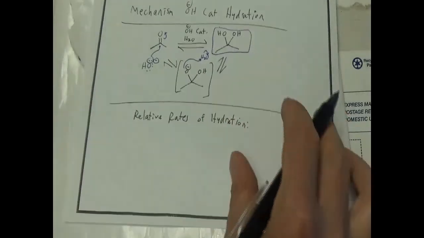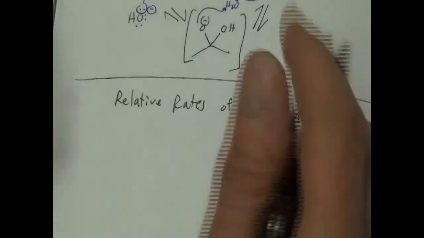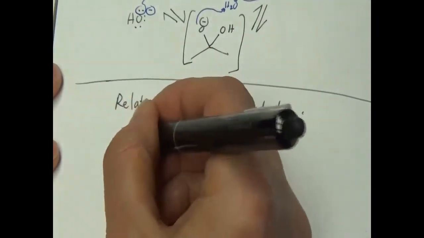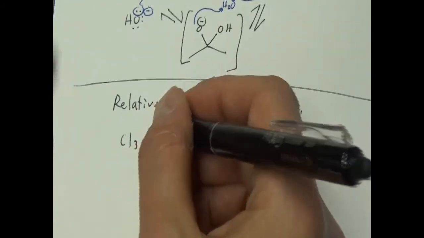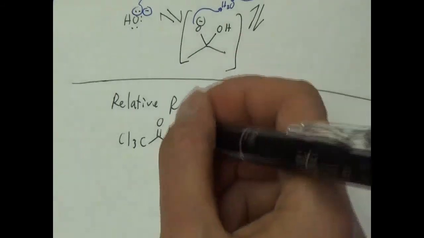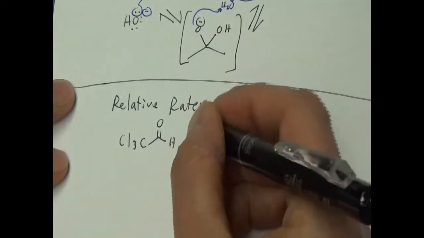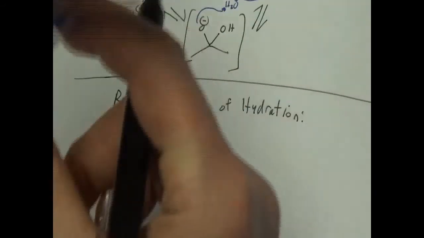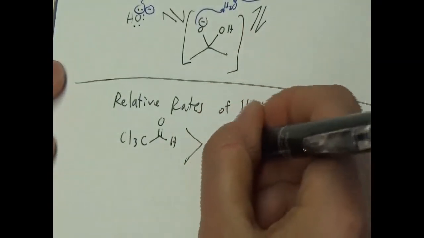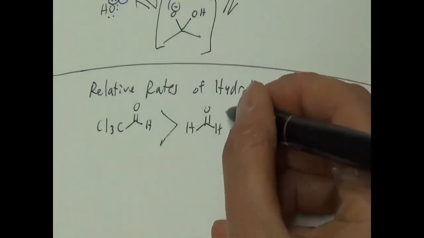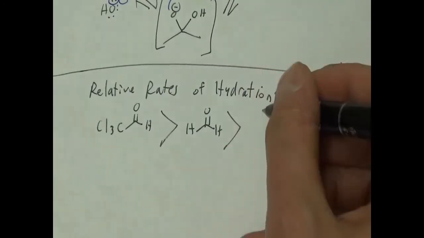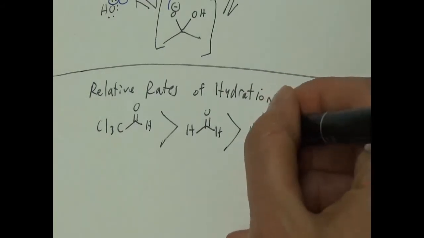There are a couple of things that are really, really fast. This aldehyde, trichloroacetaldehyde, is super, super fast relative to formaldehyde, which is also super fast, but not as fast as the trichloro compound.